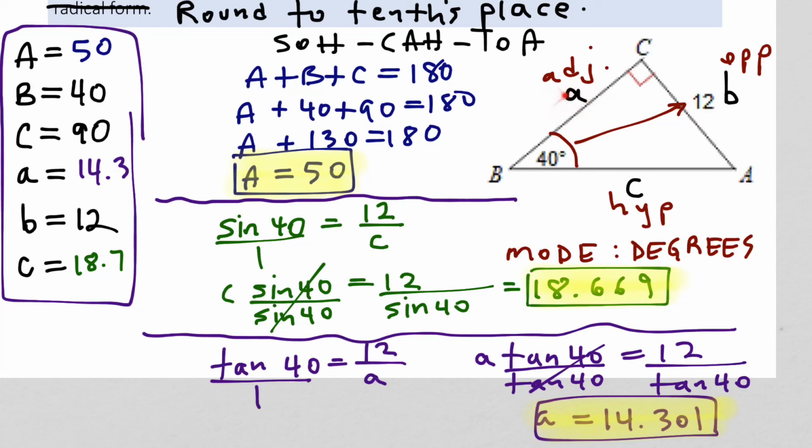It could be a different set of 3, but you'll be given 3 and you find 3. So that means you've got this equation to find one of the angles, this equation to find one of the sides, and this equation to find the other side. This third step here could have been done using the Pythagorean theorem, but I chose to use a trig equation for the last calculation as well.